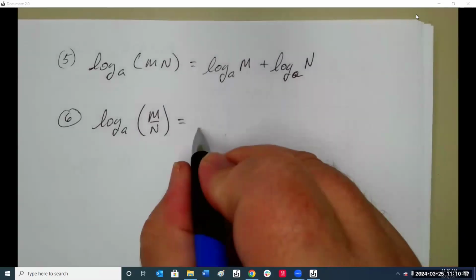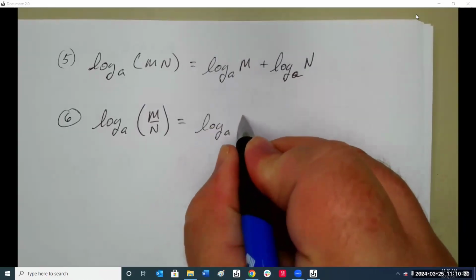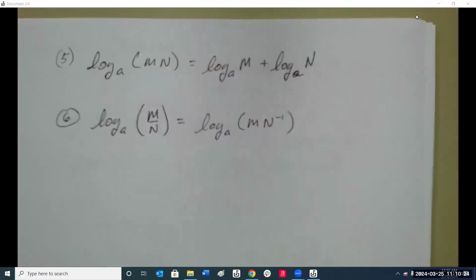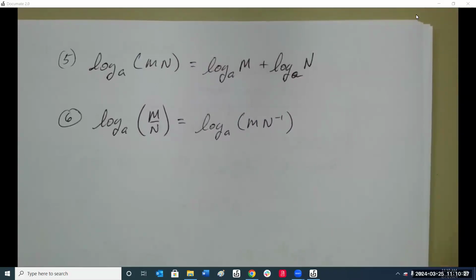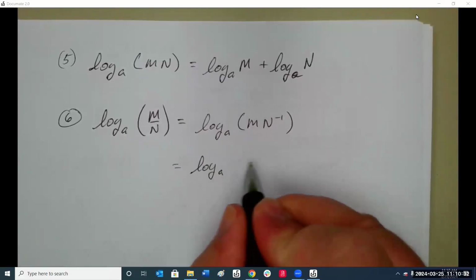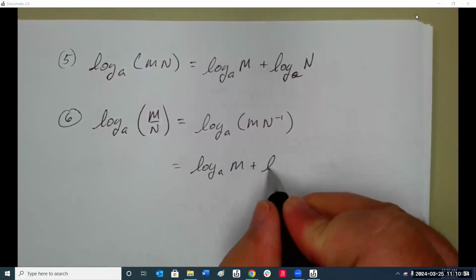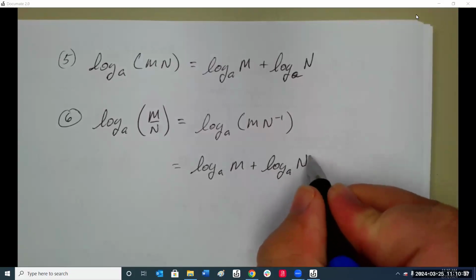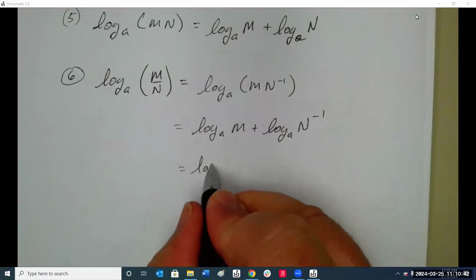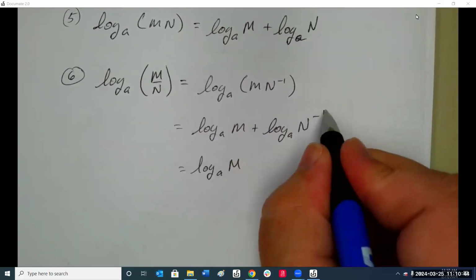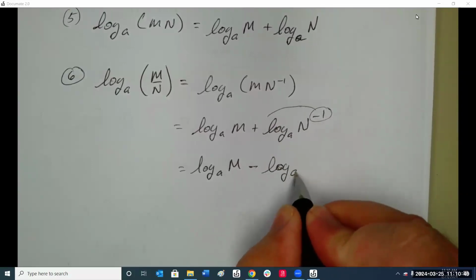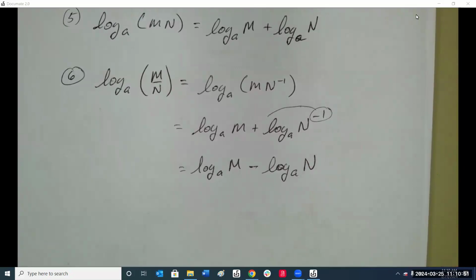A fraction, we can rewrite it as m, in this case, times n to the negative 1 exponent. Now we have a product rule. This exponent goes out in front, so it becomes negative log base a of n.